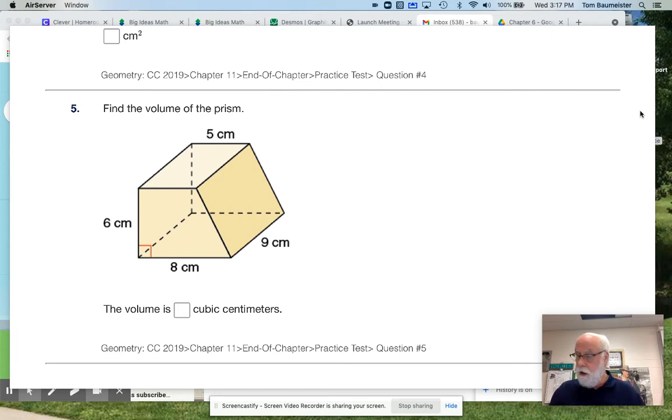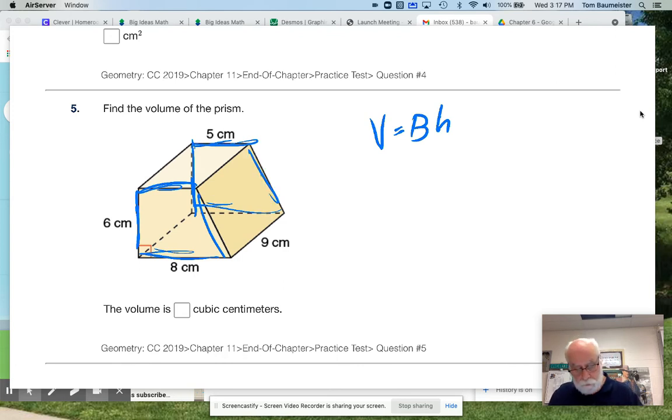Number 5, find the volume of the prism. Remember, volume is equal to capital B, which is the area of the base, times the height. Remember, the base is the one that is parallel. So if you look at it, your base is this trapezoid here because, again, you have it in the back here, and it is parallel.